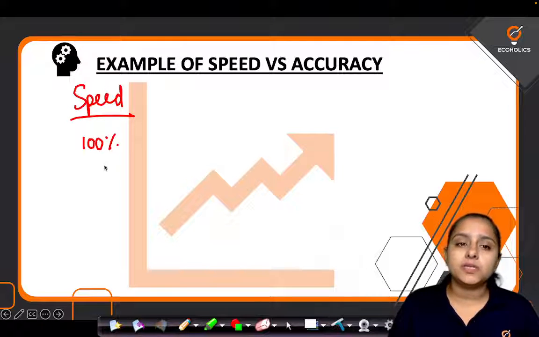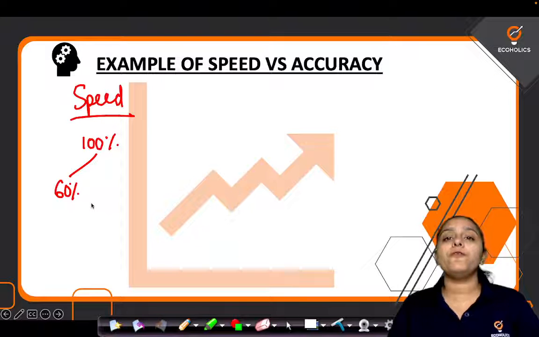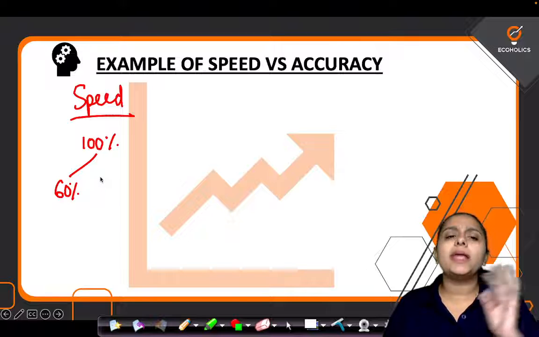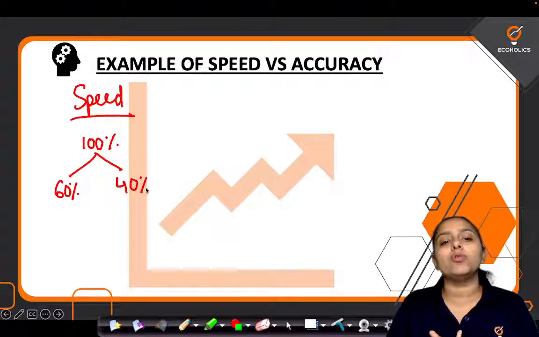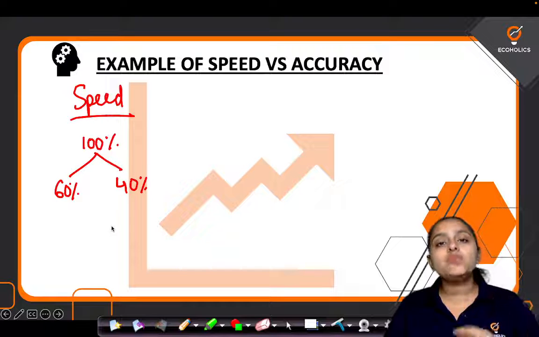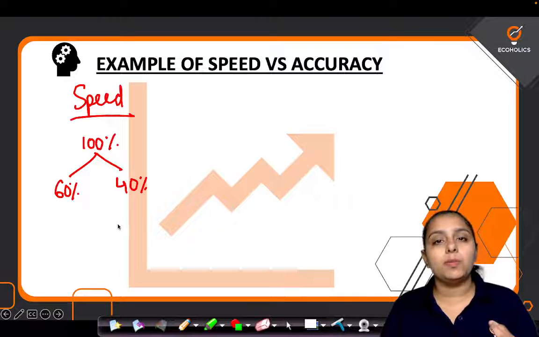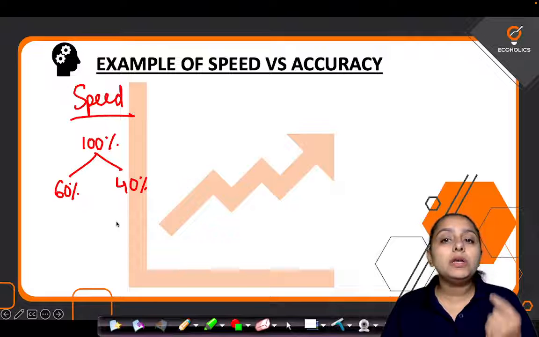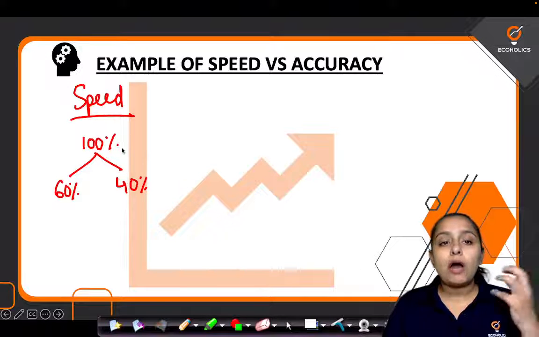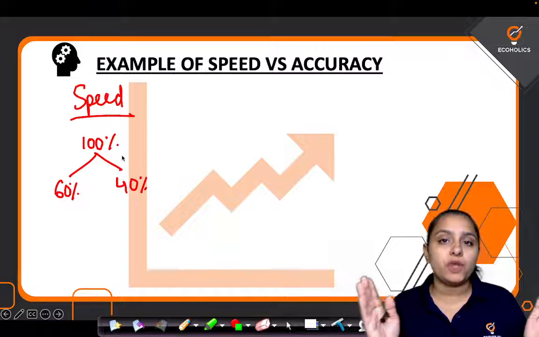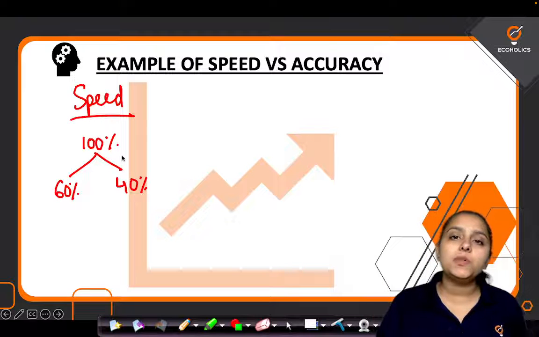In this 100%, 60% of the questions might be correct, and 40% are definitely going to go incorrect, because when you are speedily attempting a paper, many times you're not even reading the question properly.